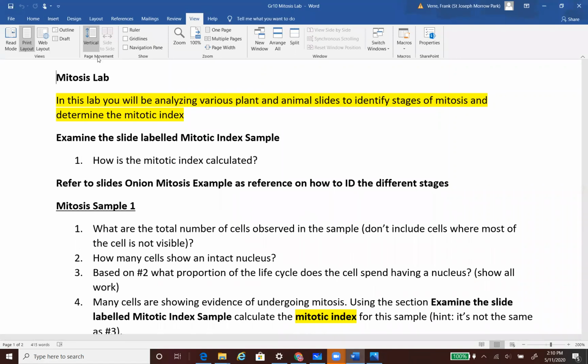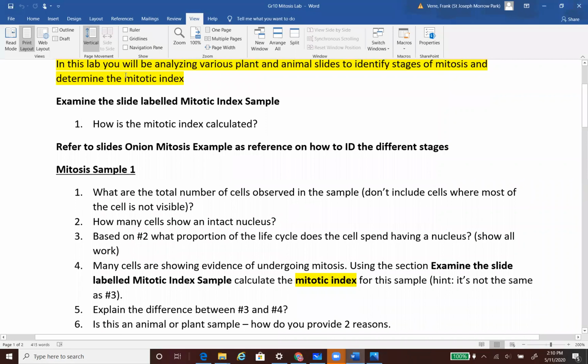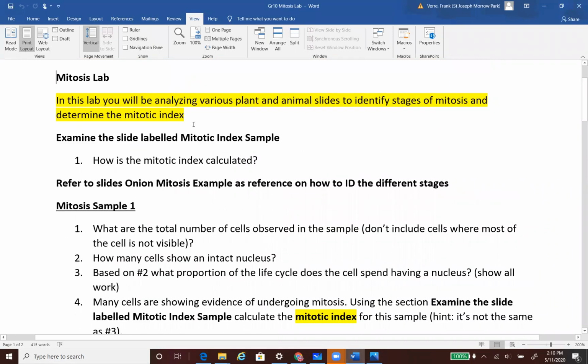So for example, the first question is about something called a mitotic index, because this is gonna come up in your lab. So let's actually just quickly address what that means. That's actually quite easy to calculate.